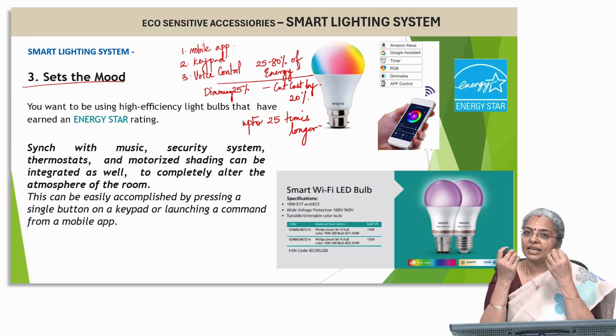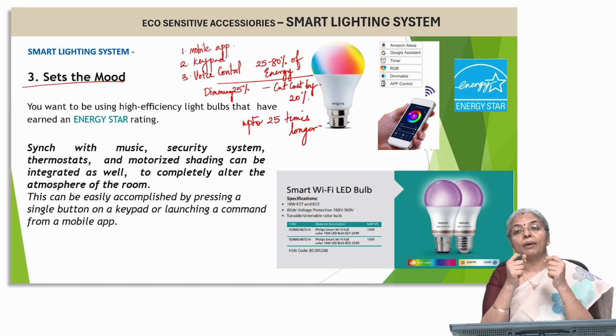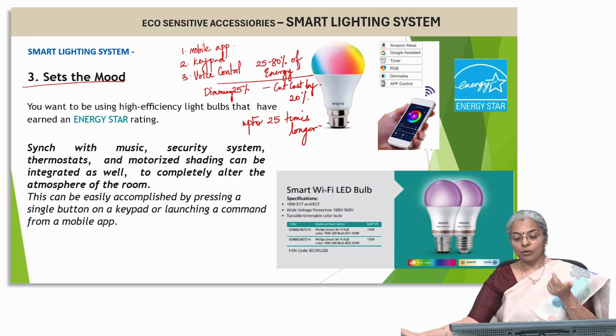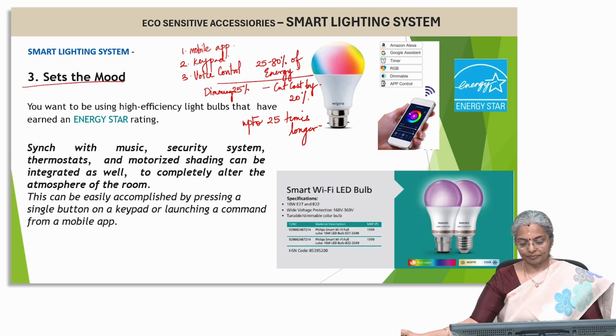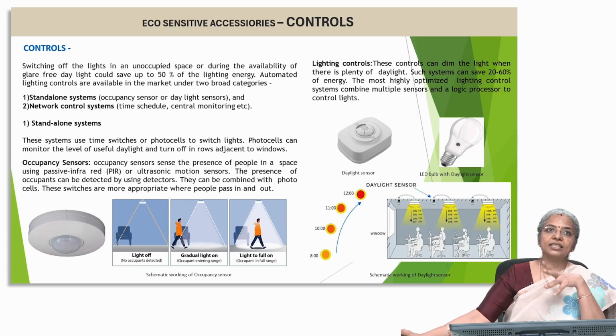Now, this can be easily accomplished by pressing a single button on a keypad, by launching a command on the mobile app, or with your own voice through a voice control system. Then, what are these controls that we are talking of?